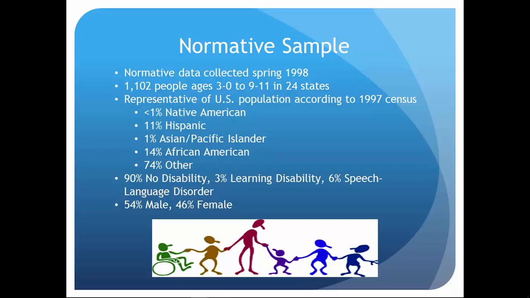The data collected is representative of the U.S. population as collected in the 1997 census. So you can see the breakdown of ethnic and racial backgrounds there. 90% of the normative sample had no disability, 3% had a learning disability, and 6% had a speech or language disorder. The sample was 54% male and 46% female.